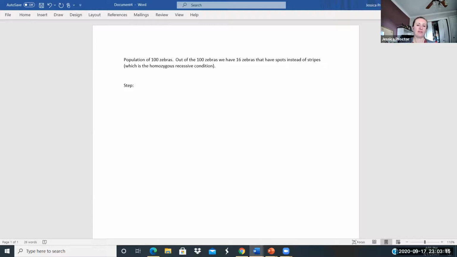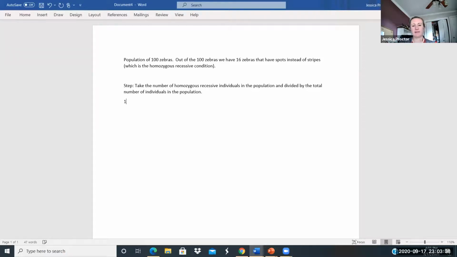So step one is always we're going to take the number of homozygous recessive individuals in the population and divide by the total number of individuals in the population.